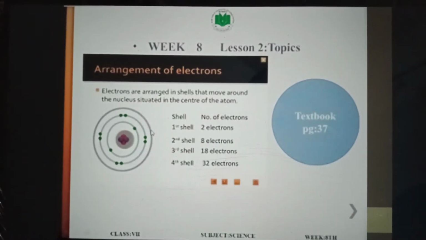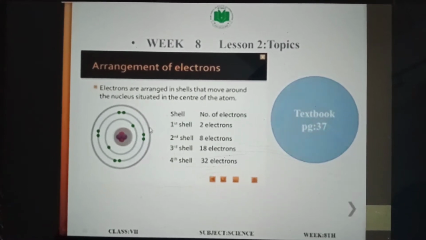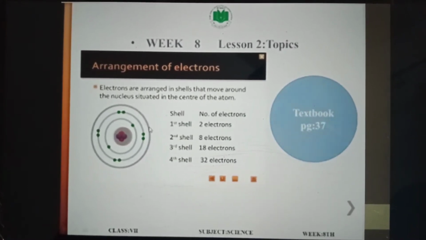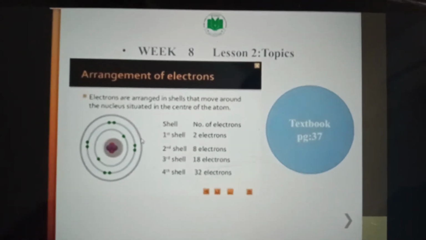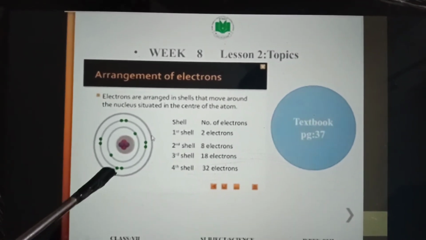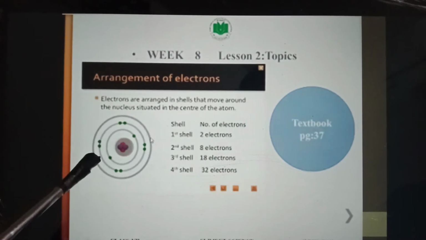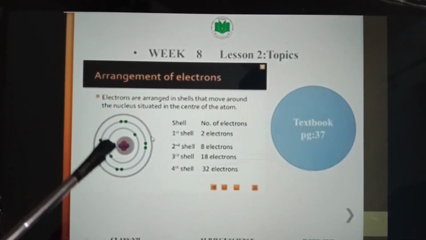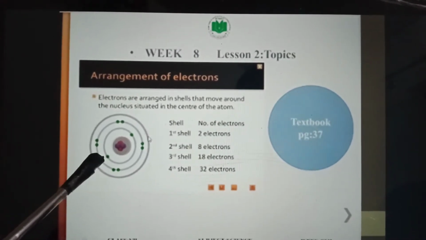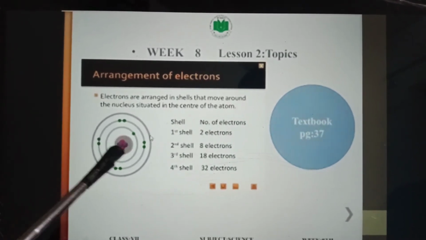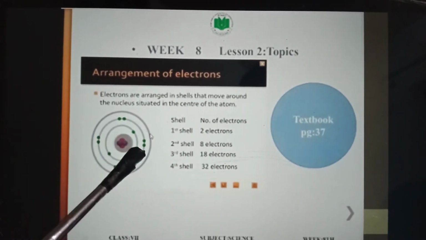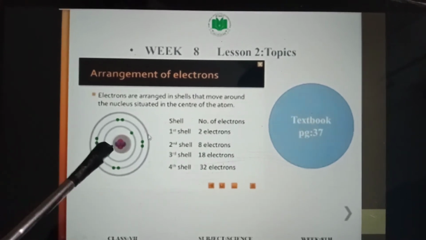So now the question is how electrons are arranged. Electrons are arranged in these shells. In the first shell the number of electrons is 2, and in the second shell the number of electrons is 8.